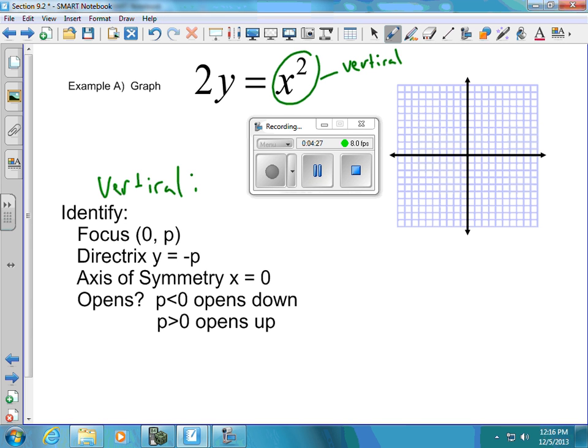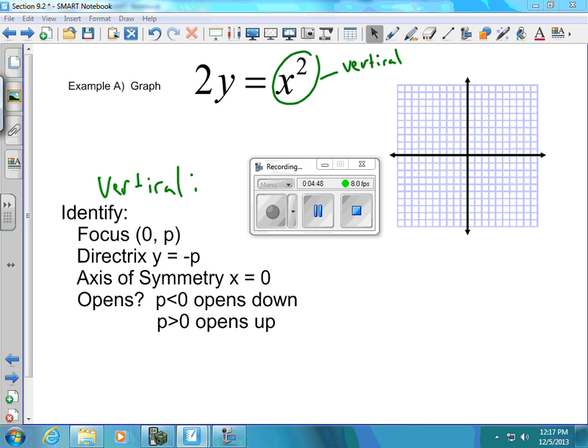So we're going to find all these things, identify them, and graph the parabola. We need to find p to find the focus. Here's how you're going to do it. We know that 2y equals x squared. We also know that x squared equals 4py.